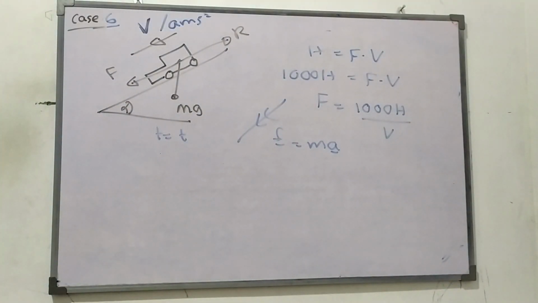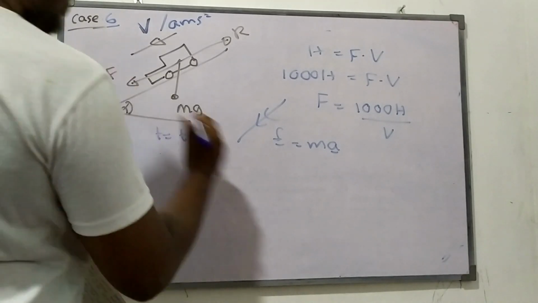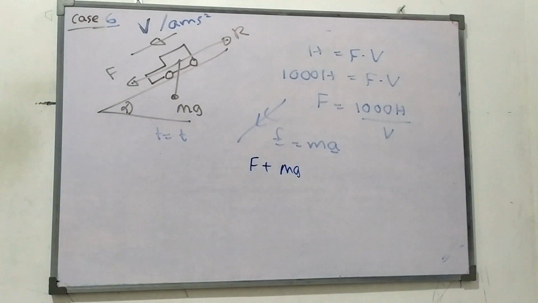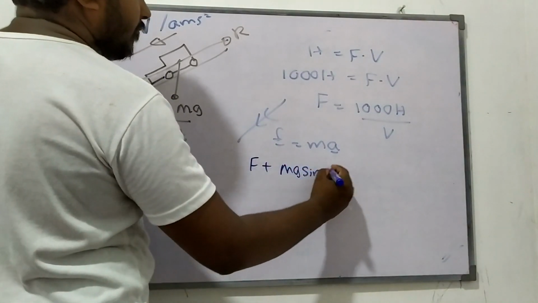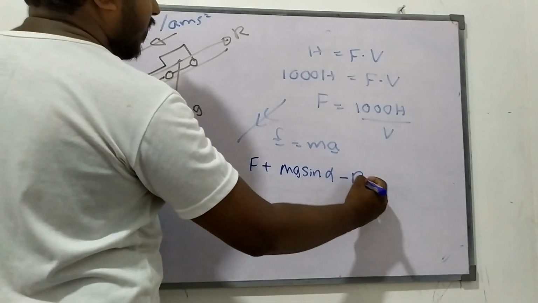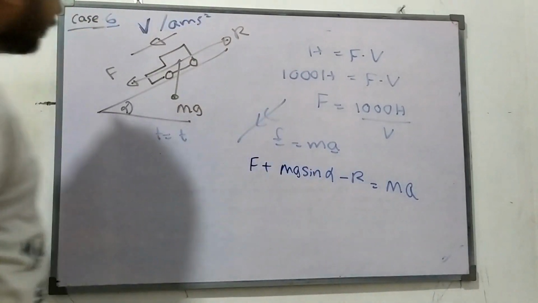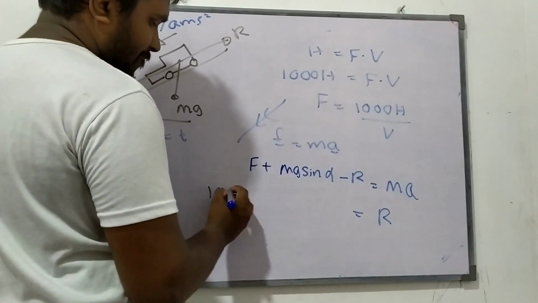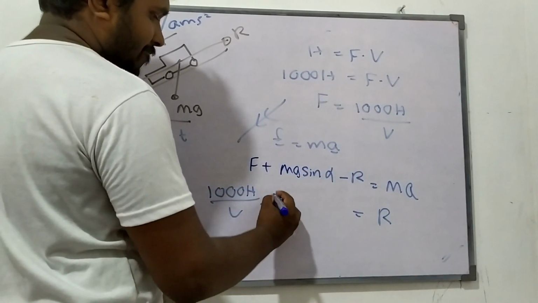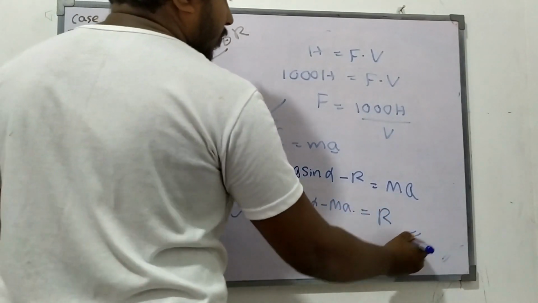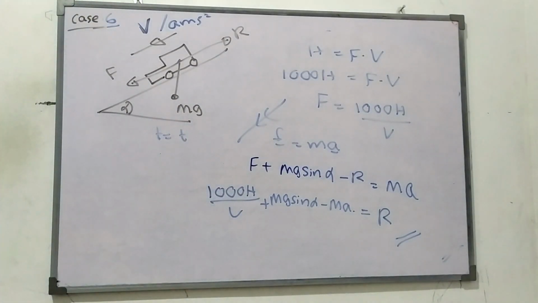What about F equals ma? It's F plus mg sin alpha minus R equals ma. This is the R.